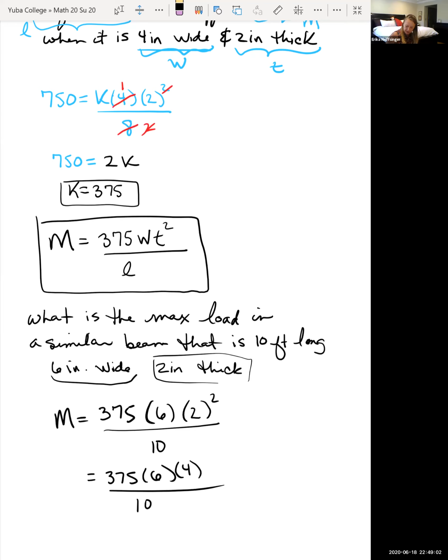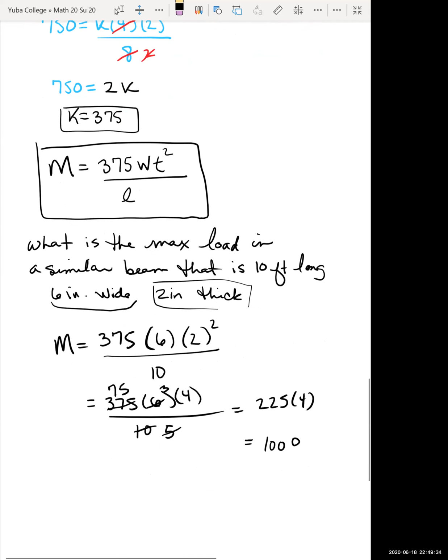Some of this reduces. 2 goes into there 5 times, 2 goes in there 3 times, 5 goes in here 75 times. 75 times 3 is 225. 225 times 4, I think is 1,000. Did I do that right?